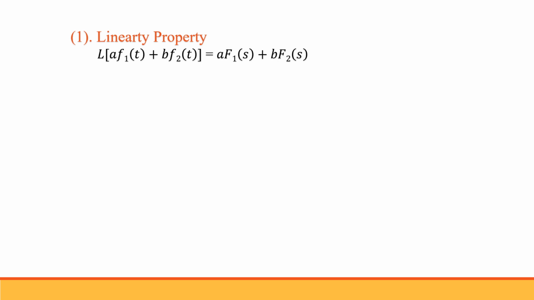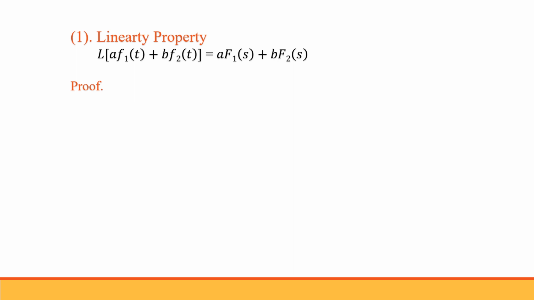So the first property is linearity property, which states that Laplace transform of a into function f1(t) plus b into function f2(t) is equal to a into capital F1(s) plus b into capital F2(s), where capital F1(s) and capital F2(s) are Laplace transform of function f1(t) and f2(t) respectively, and a and b are arbitrary constants. Please note that.